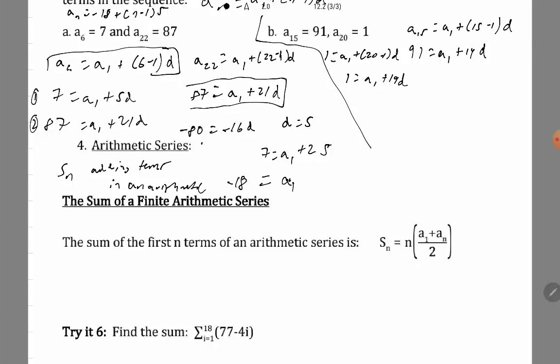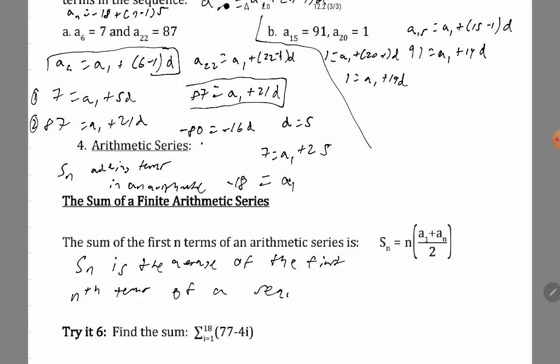The sum of a finite arithmetic series is S of n, which is the average of the first n terms of a sequence multiplied by how many terms there are.